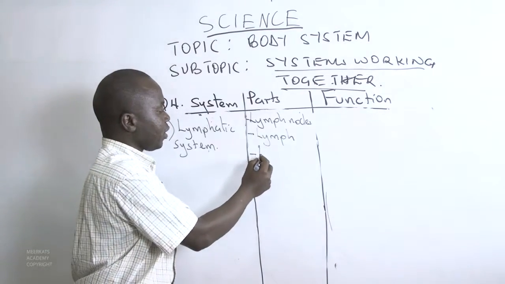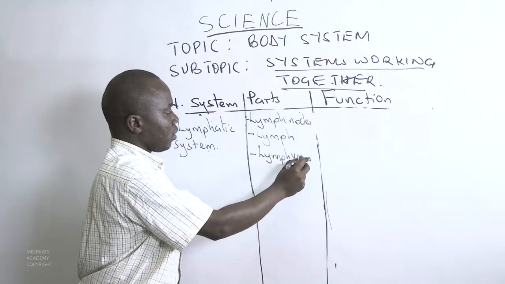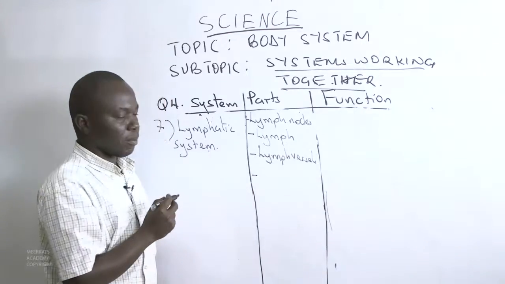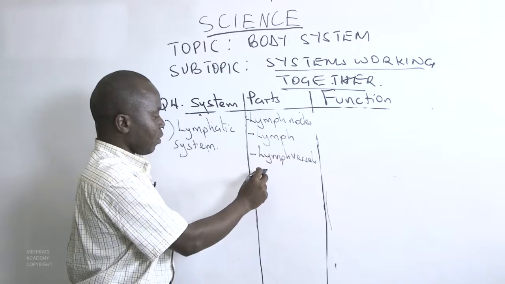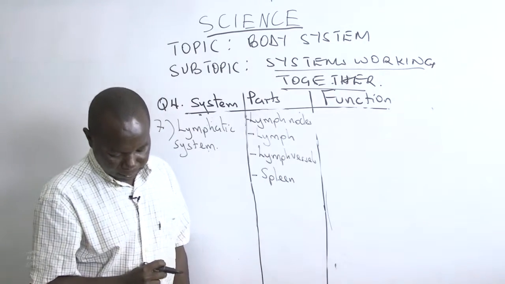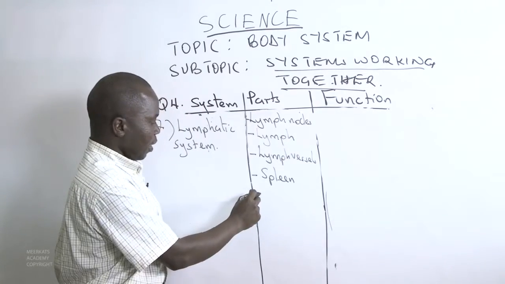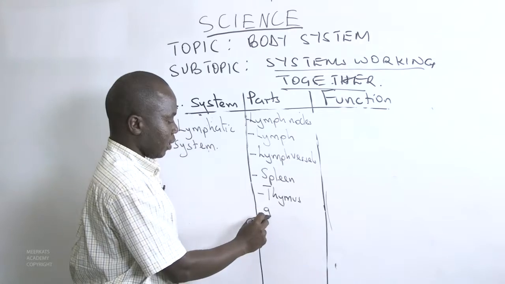We have lymphatic or lymph vessels. We have some organs that work together with the lymphatic system, like the spleen and others like the thymus gland.